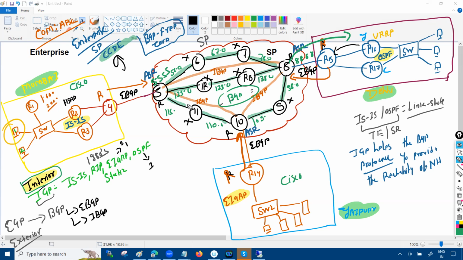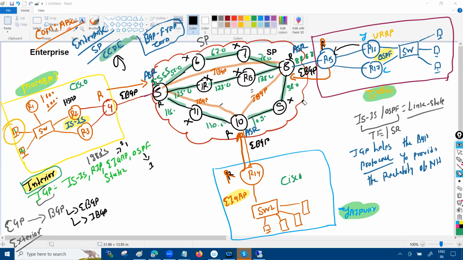Same thing, R5 is going to send all this information to its neighbor, and the service provider core network information goes to the customer. You will lose the security. That's why it is not recommended to advertise these routes into BGP. It is recommended to run the IGP protocol inside the service provider network, so that these routes cannot go to the customer side.